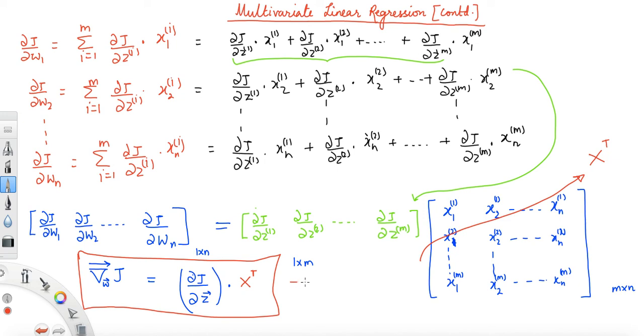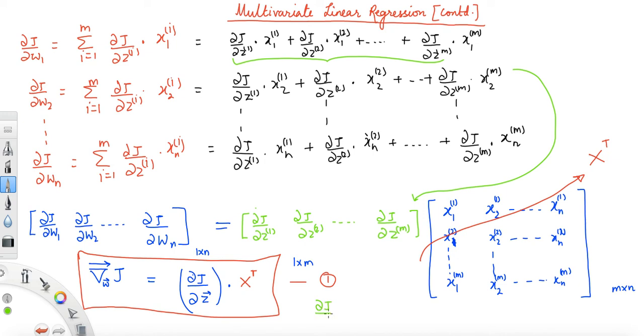And this is the first equation, and the second equation, for del J over del b, we have already found, and there is no need of vectorization for that because that is itself a single equation.